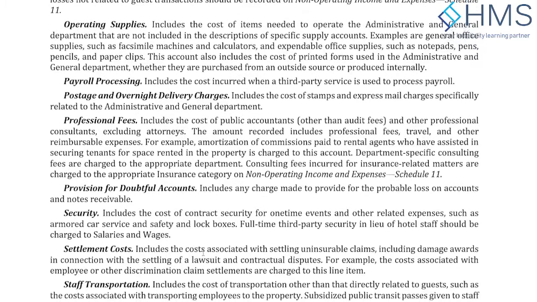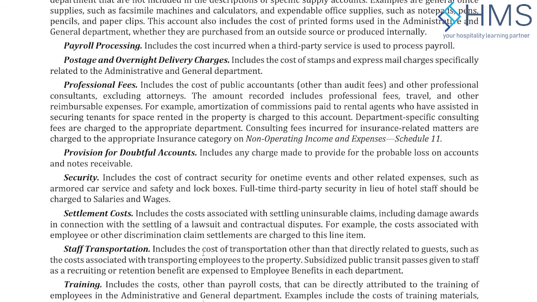Then you have the provision for doubtful debts, which is usually based on a percentage of the total accounts receivable. This depends on the hotel policy, how much you have to charge. So it's a specific percentage which is derived by looking at the average of actual loss over a period of maybe the last 3 years.